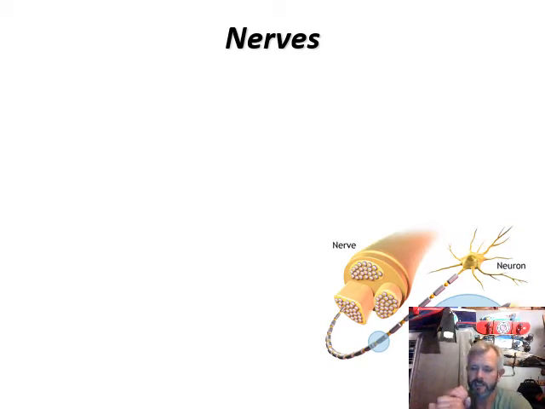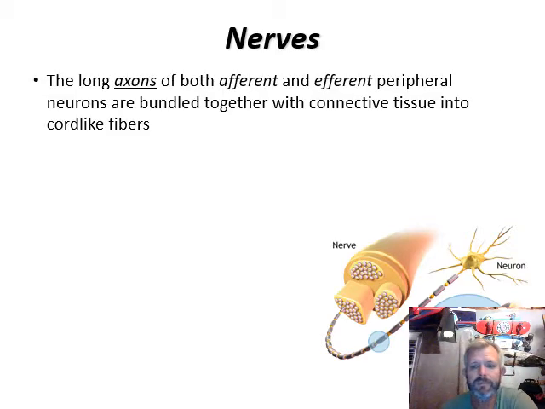And so these axons are bundled together, and that is what makes up what you know as a nerve. It is a bundle of axons. You can see all these little dots as an individual axon, and they are set up to go afferent and efferent.